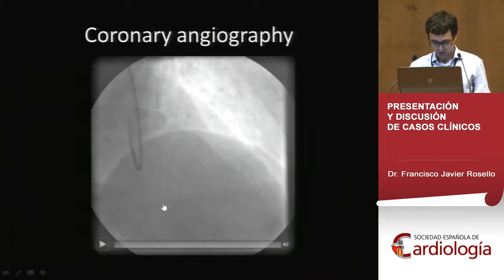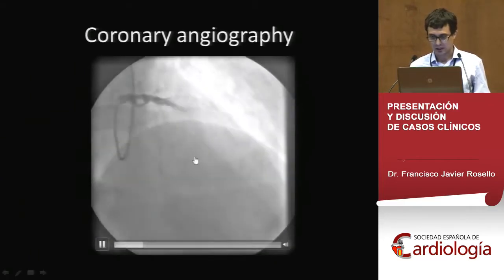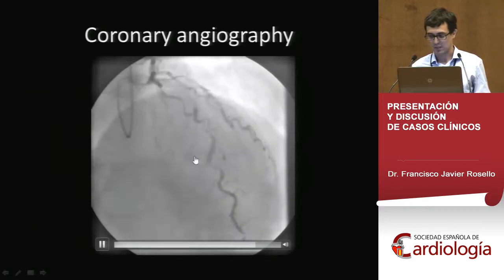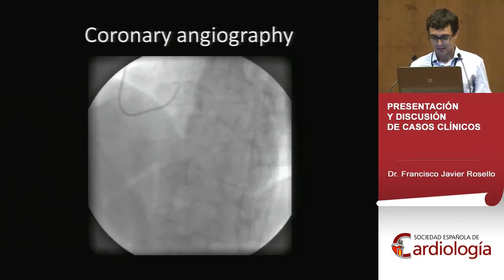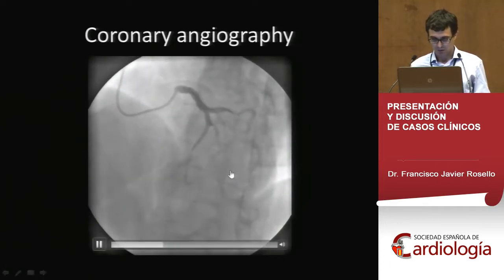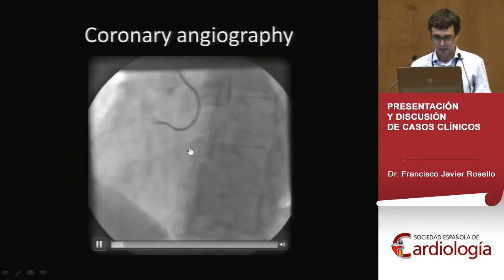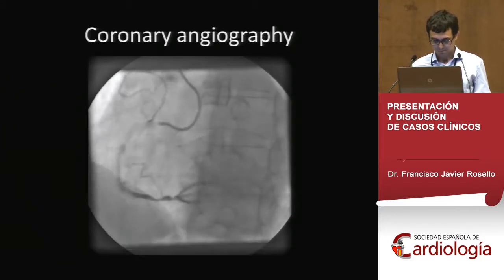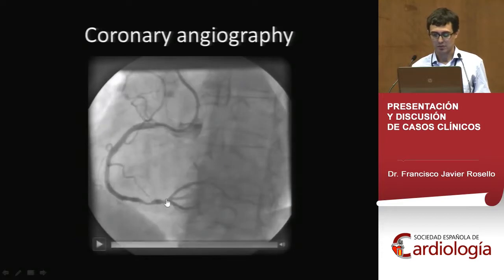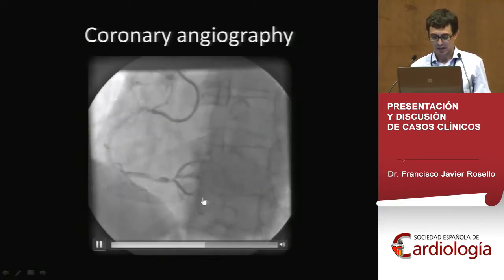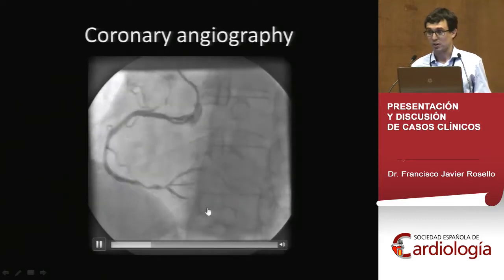This is the coronary angiography that shows, as you can see, a lesion in the mid-left anterior descending artery. This is another view of the same artery, and this is the view of the right coronary artery. As you can see, we have a lesion in the distal portion of the right coronary artery and an occlusive lesion in the posterior descending artery, which was the culprit lesion.